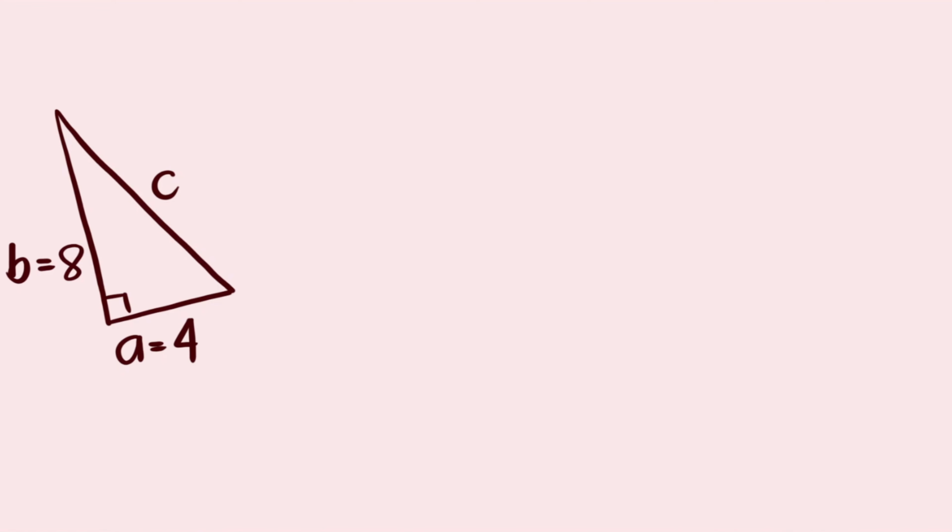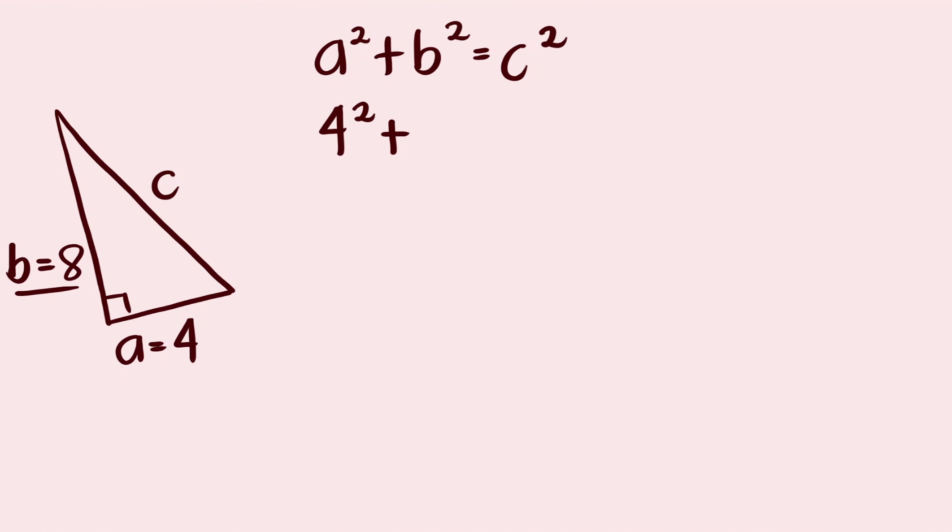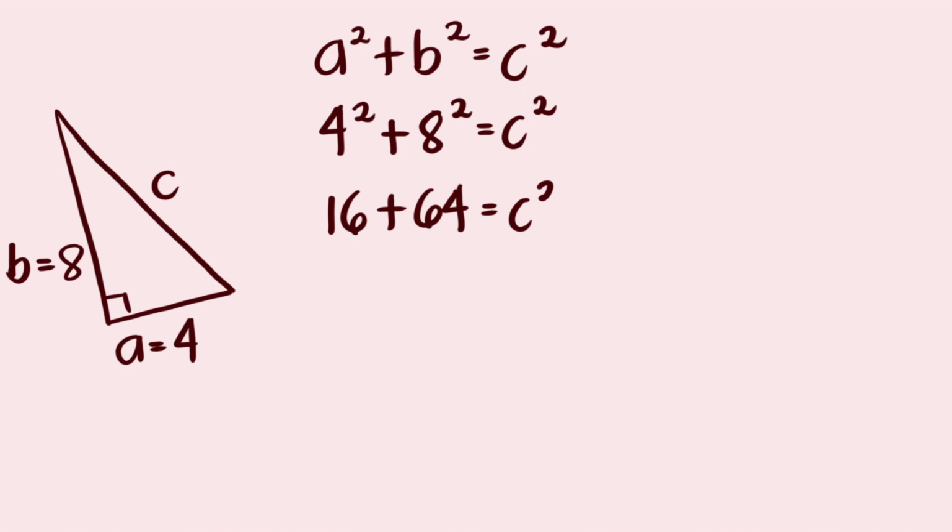Now, let's use the formula to find c. a squared plus b squared is equal to c squared. a is 4, we have 4 squared, plus b is 8, we have 8 squared, is equal to c squared. 4 squared is 16. 8 squared is 64, is equal to c squared.